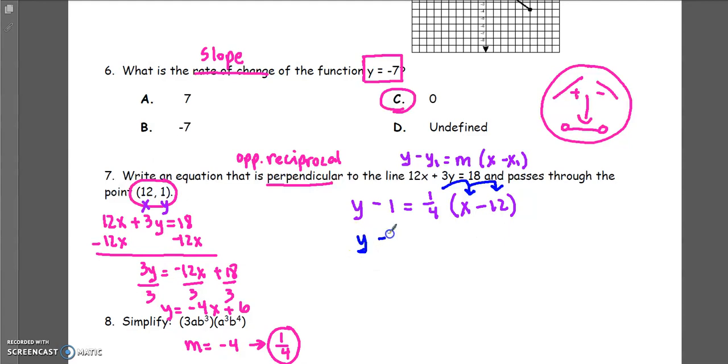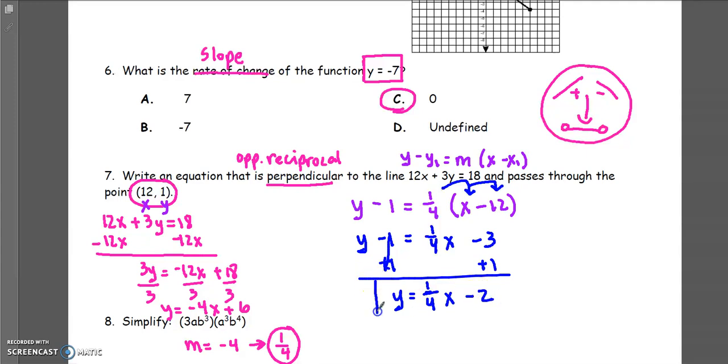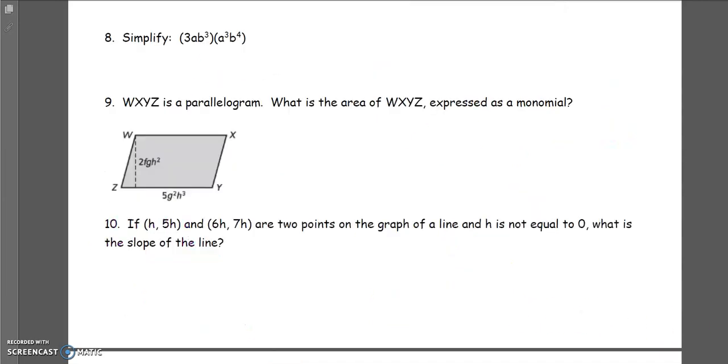And I will have y minus 1 equals 1/4x minus 3. And then we'll add 1 to both sides. y equals 1/4x, and then that will give me a -2. So here's my equation that would be perpendicular to the original problem.